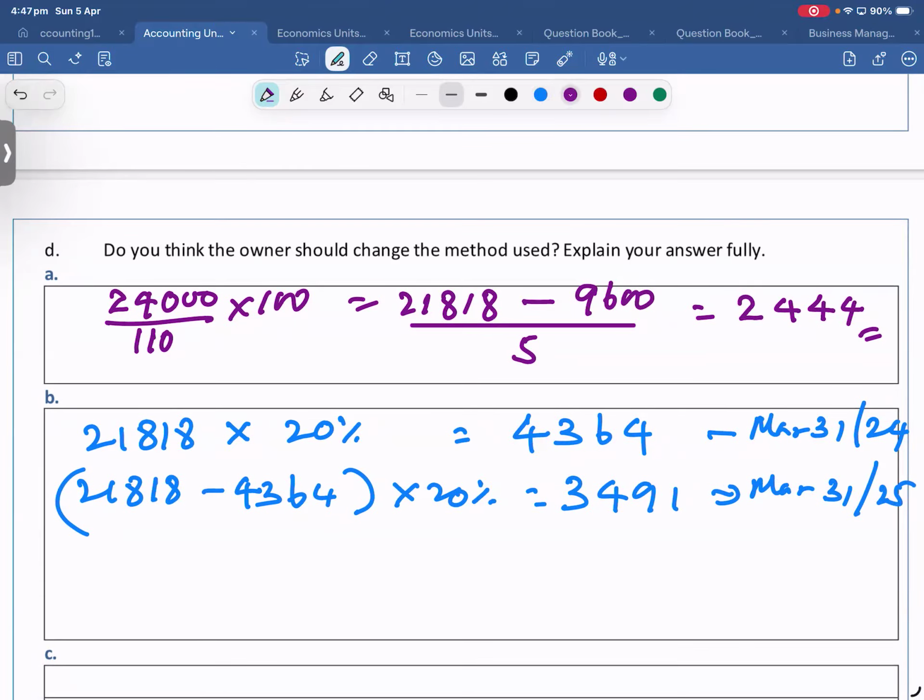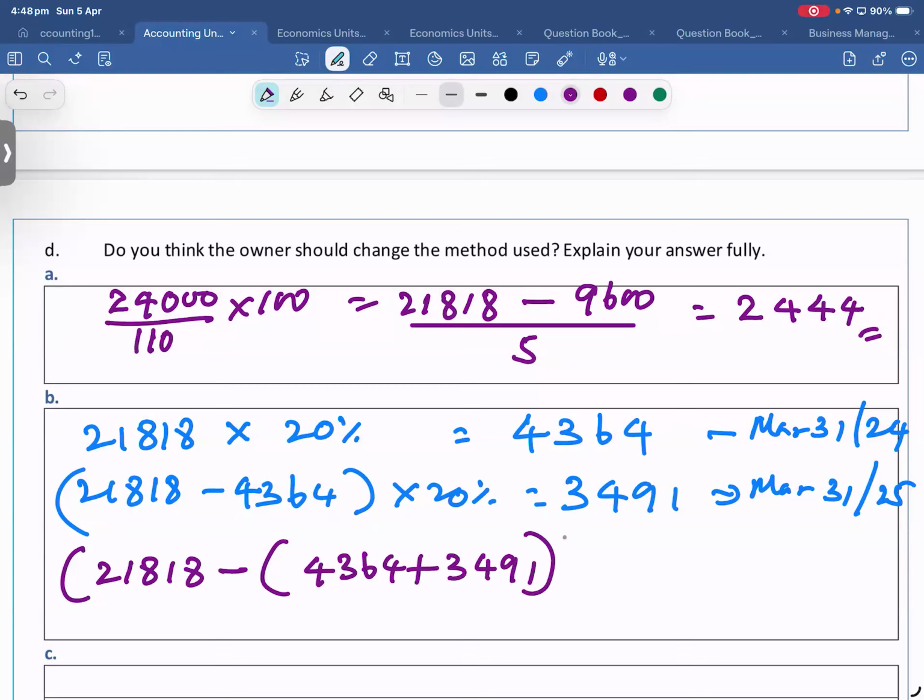Right. The next one, what do you do, guys? From 21,818, what do you do? You take away both 4,364 plus 3,491. Then this one times by 20%.